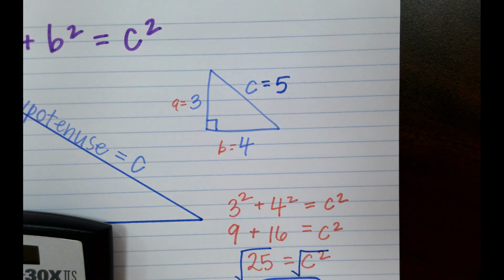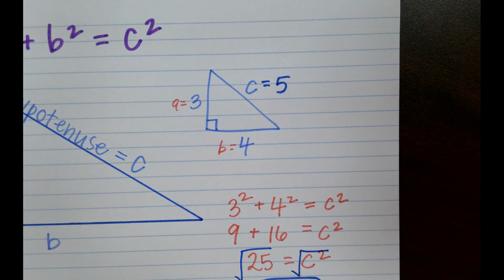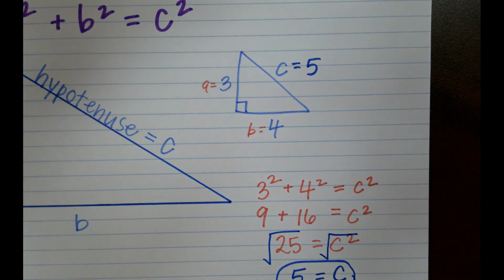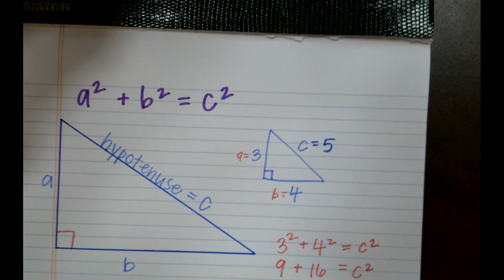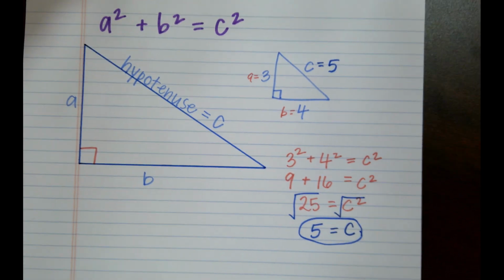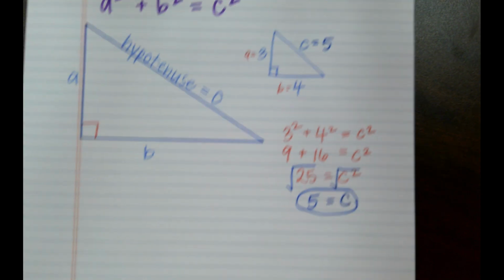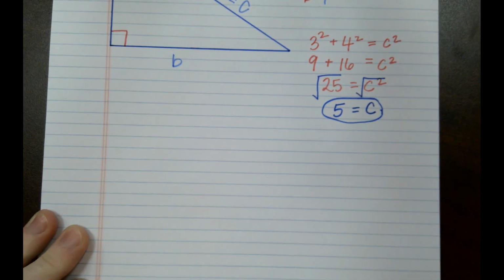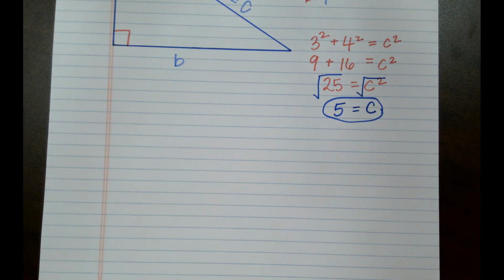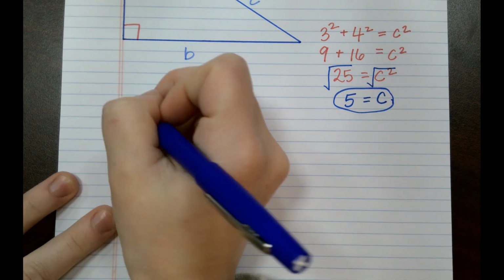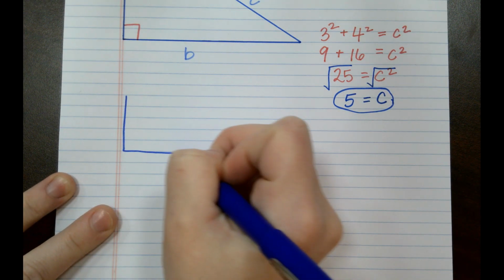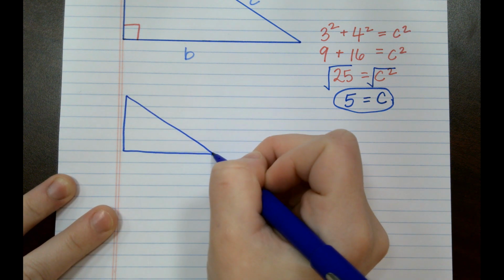Perfect. Now, it's not always going to come out nice and pretty like that. These problems give us a lot of decimals. That 3, 4, 5 always works out kind of perfectly. So let's try another one, maybe one that's a little trickier. So how about I give you another right triangle.